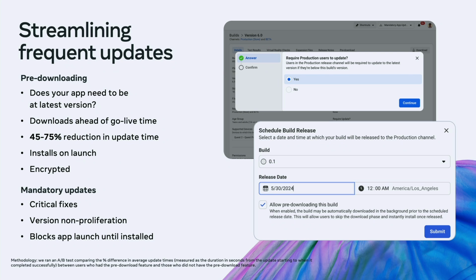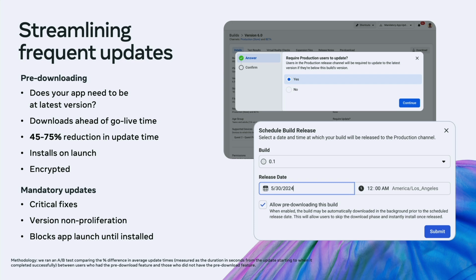One other thing I want to mention, almost to the end here, is that we've recently added features to help you roll out updates. Once you have a tweak you want to make, you can schedule that and have it download when the user's not in their headset. So if the user puts their headset on their desk and plugs it into charge, it can actually wake up and download the update that you shipped, get it all set up, and just prompt the user to allow it when they're done.